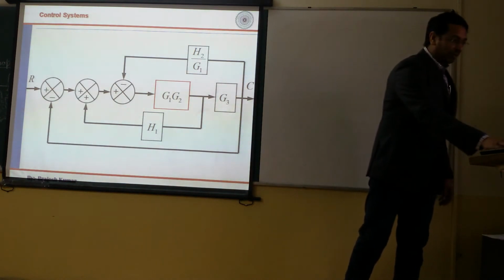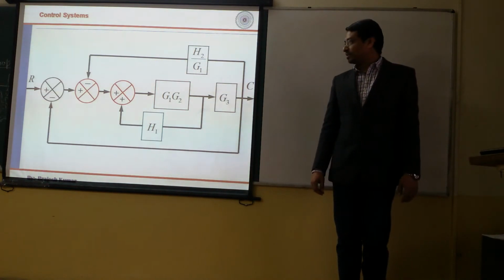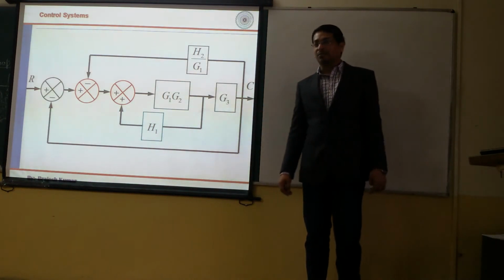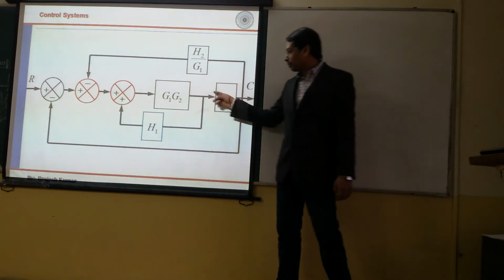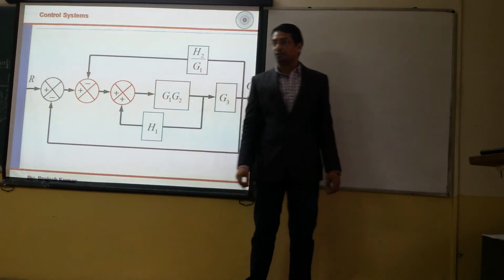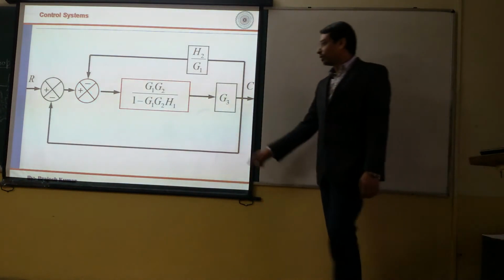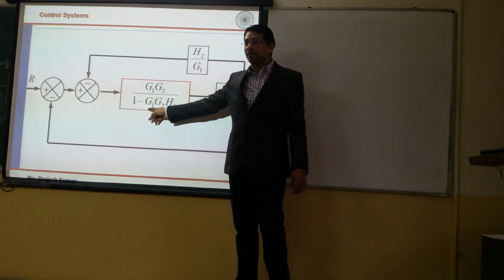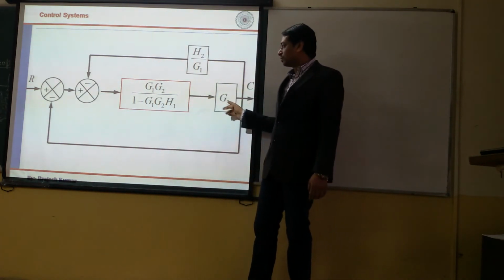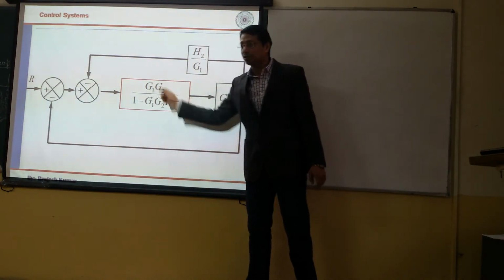After interchanging, the problem has simplified itself. Why? Because now you are going to work on this inner loop. It is a feedback with positive feedback, so you will get a negative sign here. After that, you are going to multiply. It is in cascade, so G1, G2 multiplied by G3 upon this denominator will be a single block.